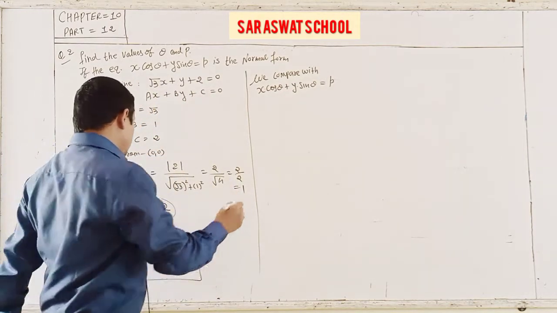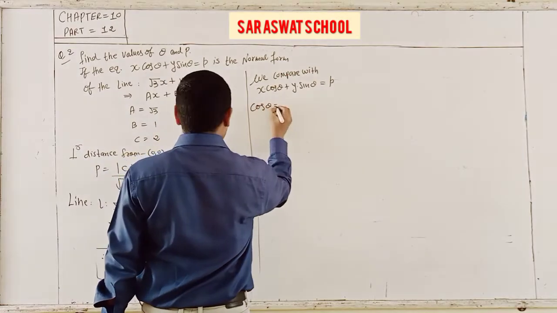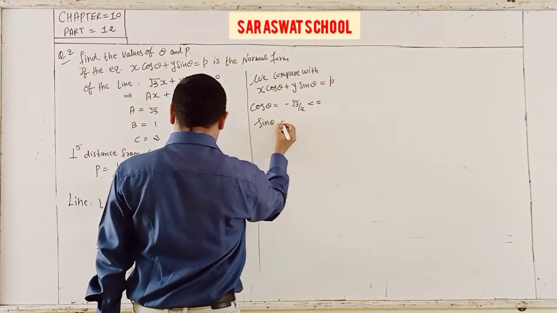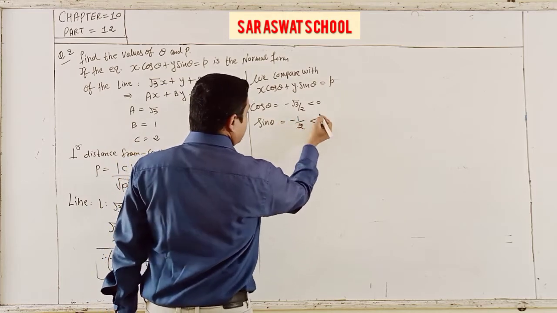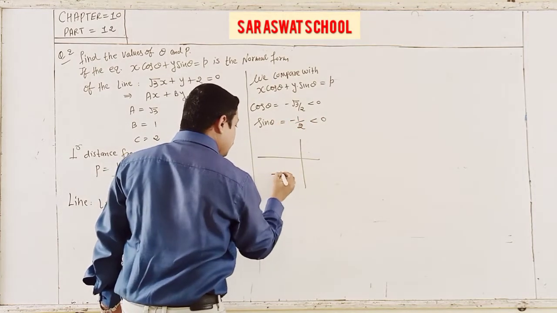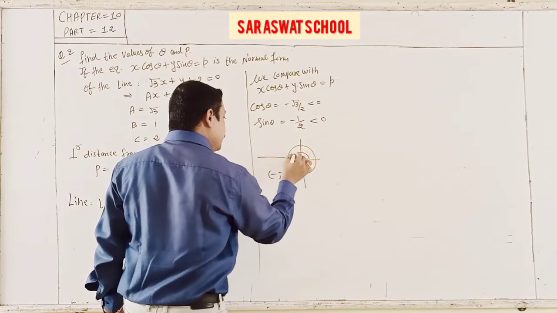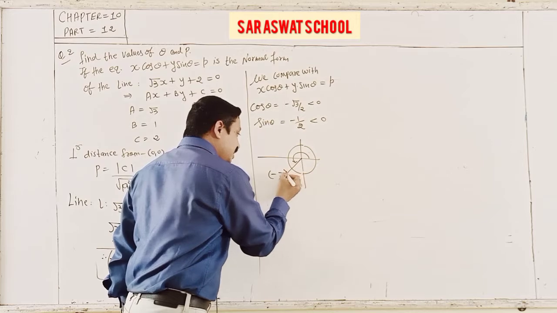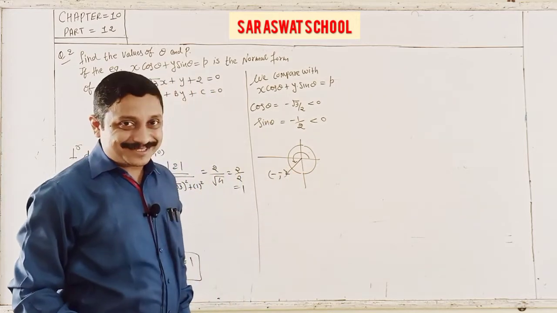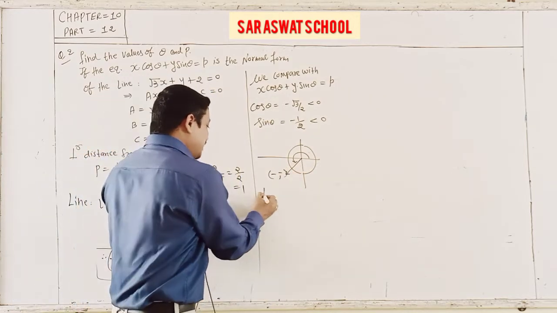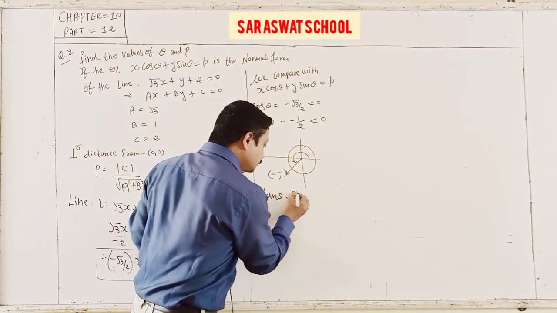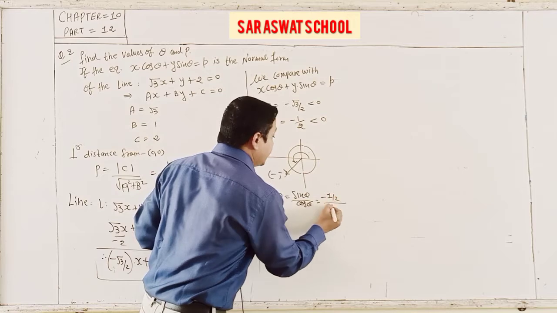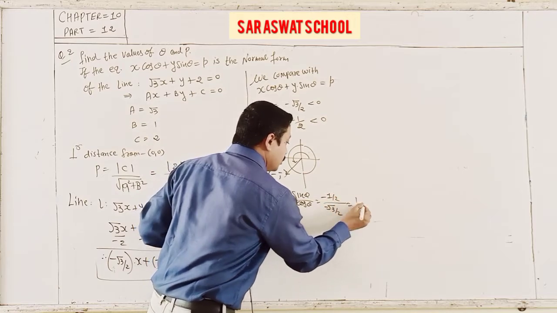So cos theta I will write down minus root 3 by 2, sin theta minus half. Both negative means you are in the third quadrant, and in the third quadrant the angle is pi plus, 180 plus. So I will write sin by cos, which is minus half by minus root 3 by 2, that is 1 by root 3.